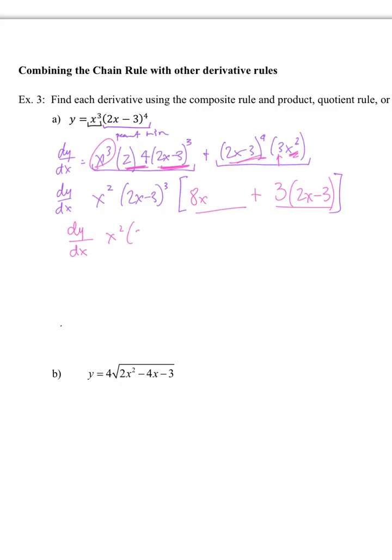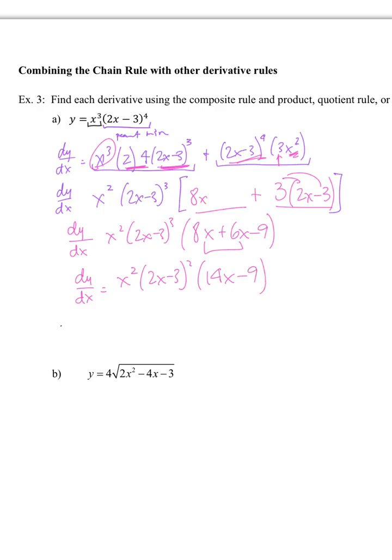Inside the brackets, I'm going to distribute. So 8x plus 6x minus 9, and then I have some like terms. dy/dx is now going to be x squared times (2x minus 3) squared times (14x minus 9). All right, that's awesome. Okay, let's take a look at B.